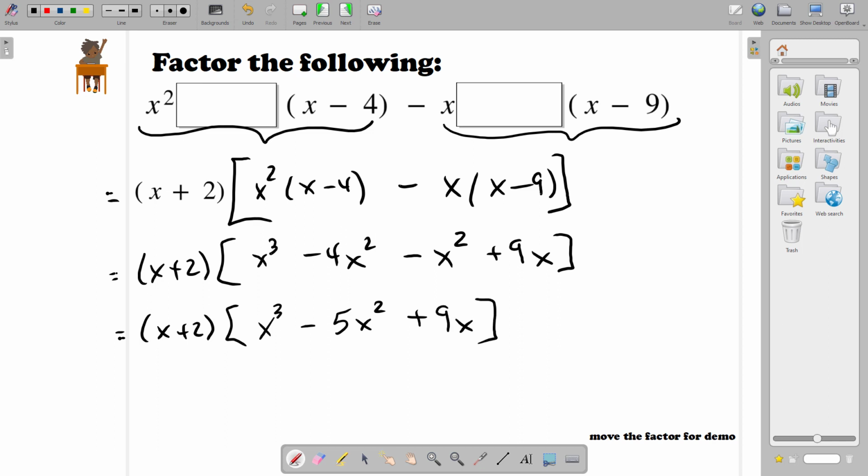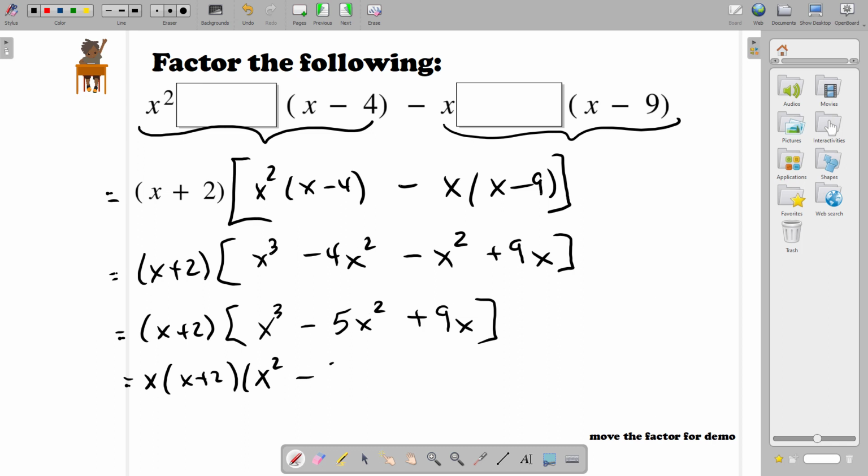And since we are factoring, we can factor an x out of here. We could have done that at the beginning. I should have seen that we could have also factored out an x from both terms, but it's okay to do it here. So if we go ahead and do it here, we're going to factor that x out. Factor an x out of here, and then we're left with x squared.